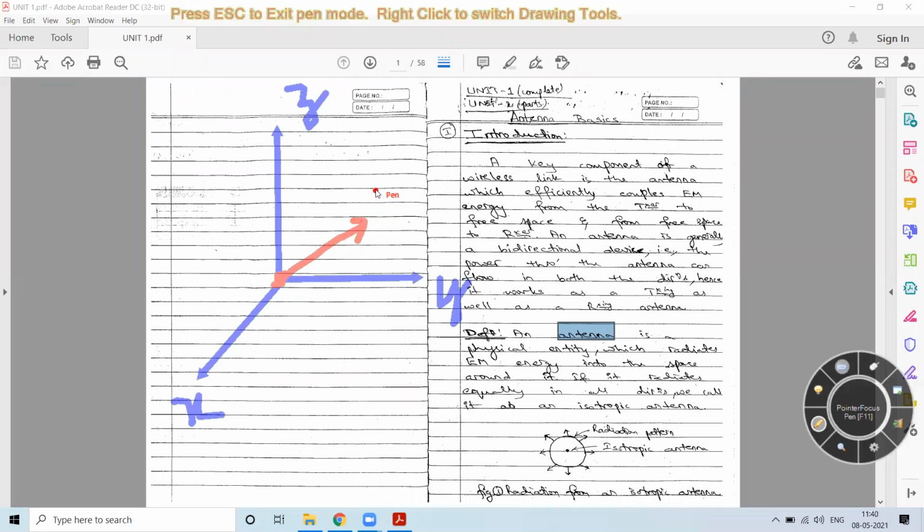This will be given along with the other parameters: it is at phi, and the elevation angle is theta. So we have r, theta, phi coordinates for any one particular point.